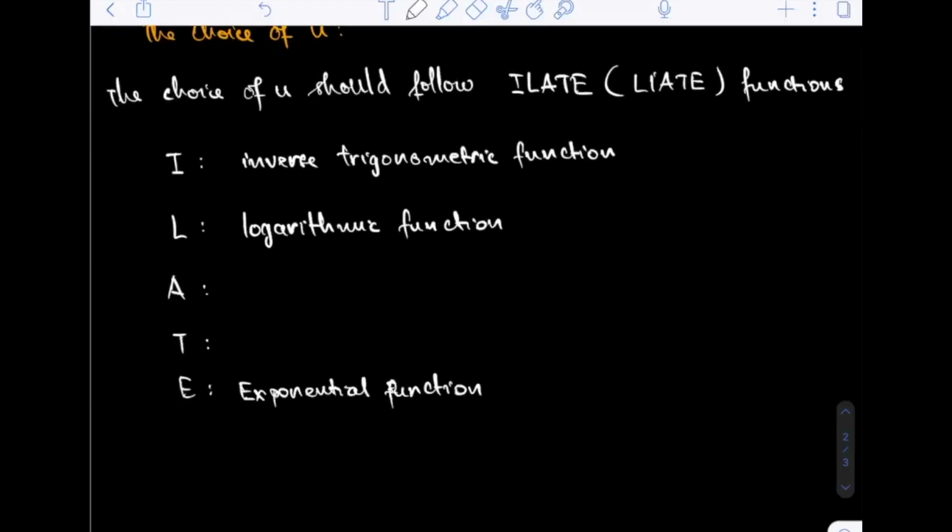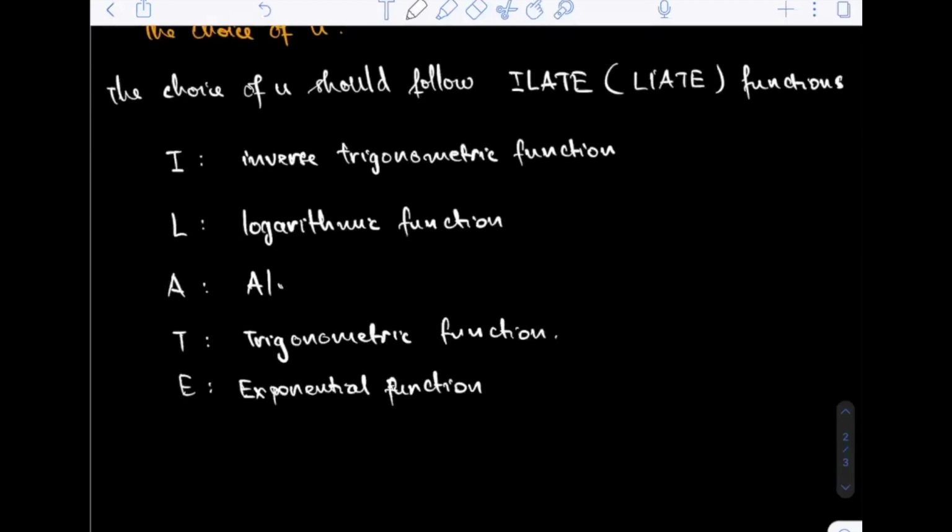T is trigonometric. And A is algebraic functions. You should follow this for the choice of u. It's ranking from top to bottom, right? So if you see inverse trigonometric functions and logarithm, or let's say exponential function in the integrand, you should choose u to be the inverse trigonometric function. Right? Follow that.